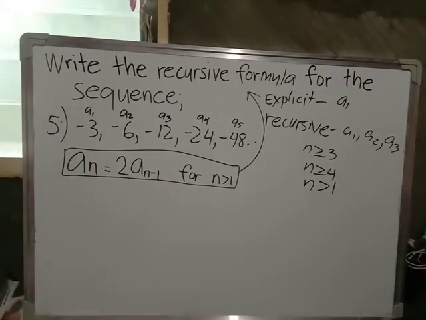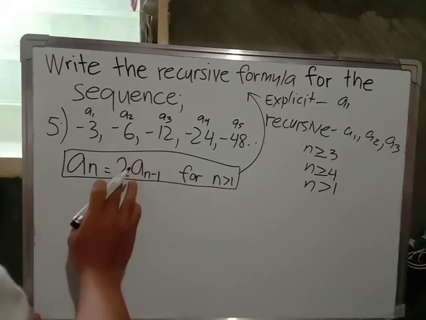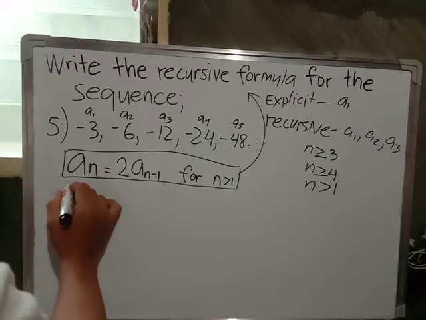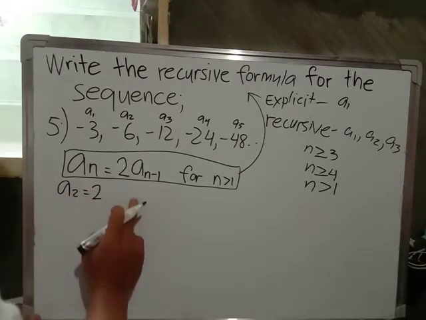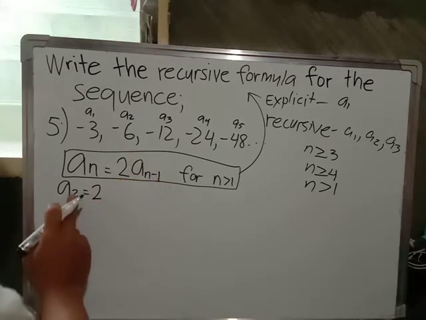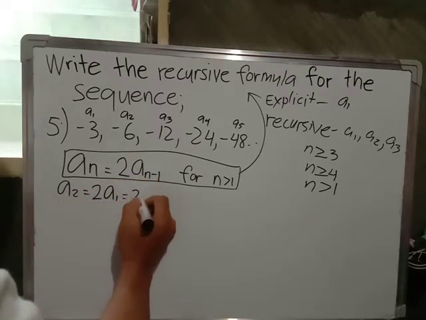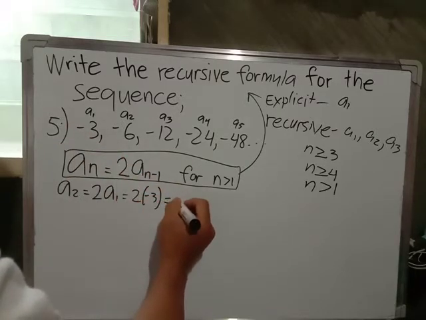Okay. For example number 5, ito yung naging formula natin. Let's solve for E2. Since E2 is equal to 2 times E n minus 1, which is 2 minus 1 is E1, is equal to 2 times E1 natin, which is negative 3. So, 2 times negative 3 is negative 6.